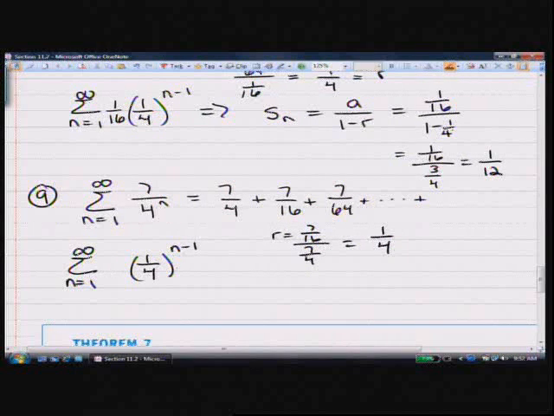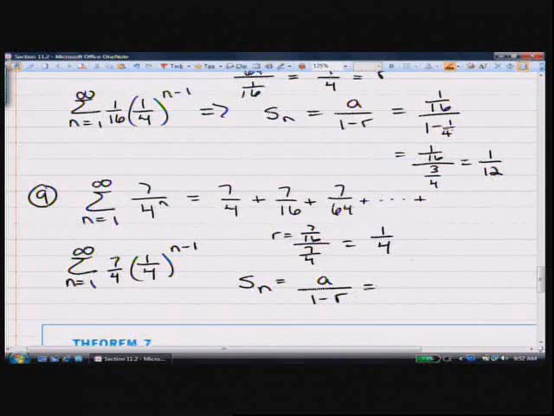When we put 1 in, we get 0, so we just get 1 because it's 1/4 to the 0 power. So this is our first term, the 7/4. That's our A. Okay? So S sub n is equal to A over 1 minus R, which is going to be 7/4 over 1 minus 1/4. And so that is, I think, 7/3.